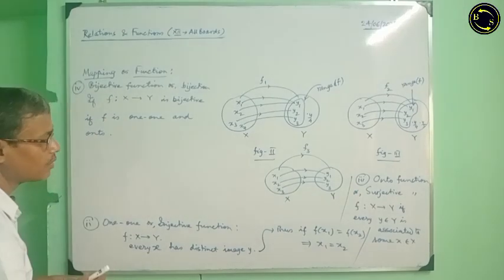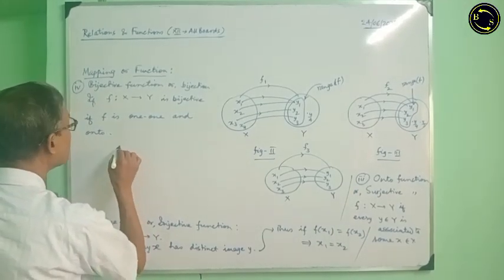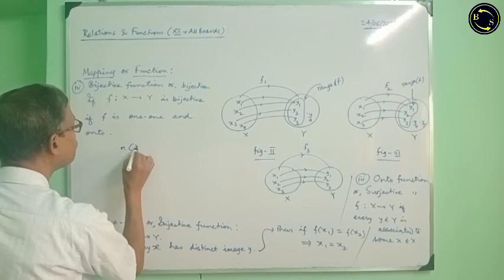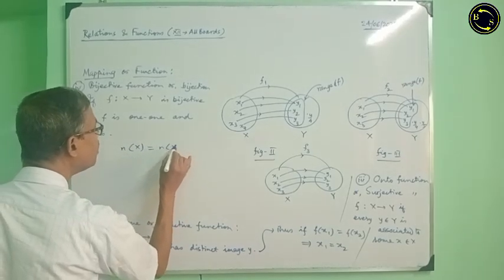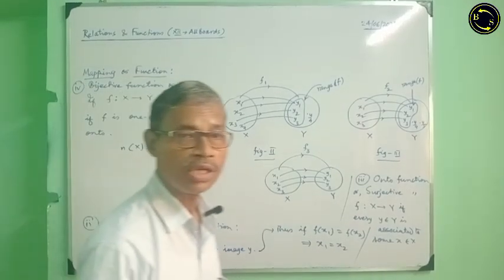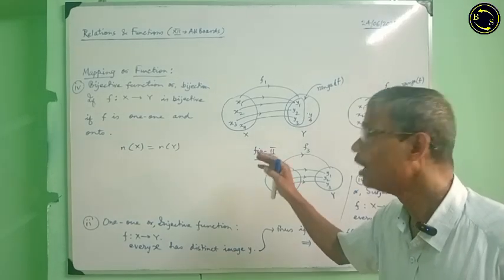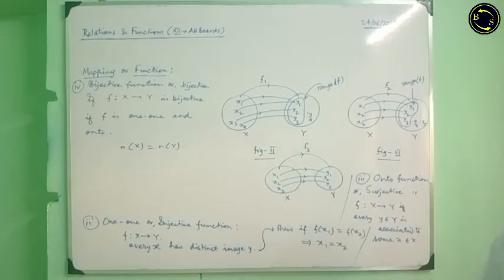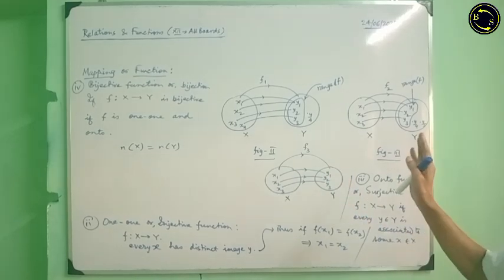That means if we consider the cardinal number of the two sets, then those will be equal. Therefore, we have discussed different types of functions from set X to set Y.